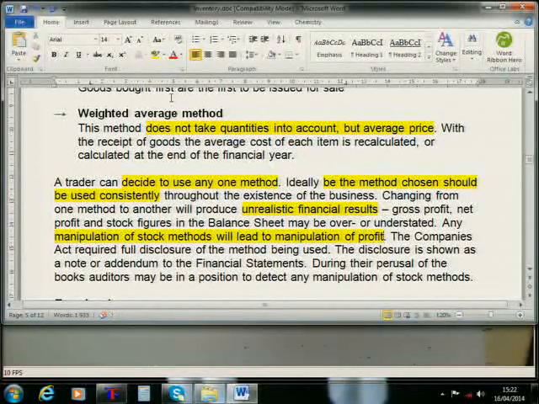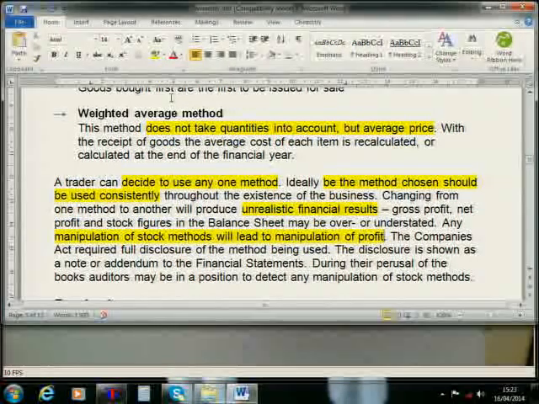So don't think that you want to impress the bank because you want to borrow money, and now you see that if you use the FIFO method, it gives you a higher profit than the weighted average method, and then you just change from methods, then you're busy manipulating your profit.